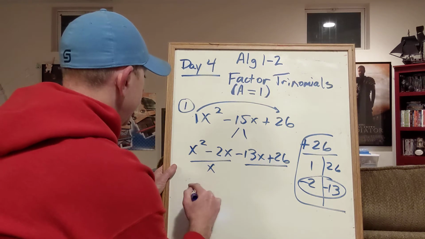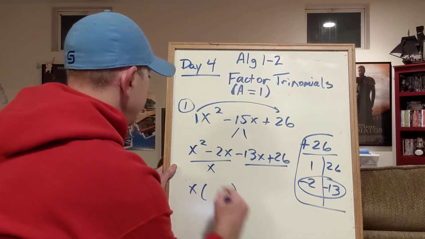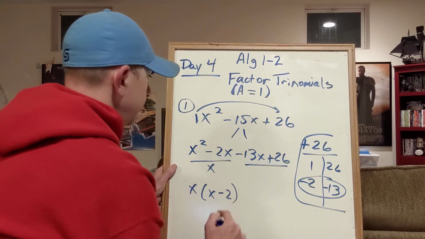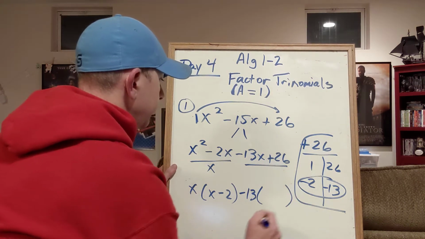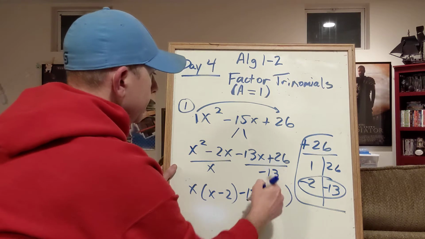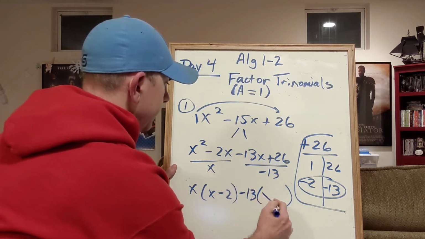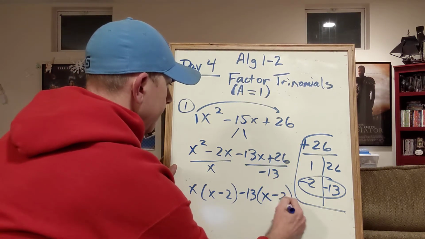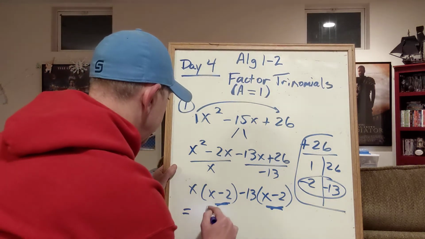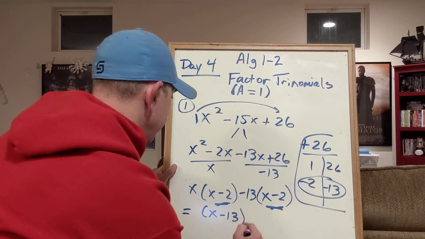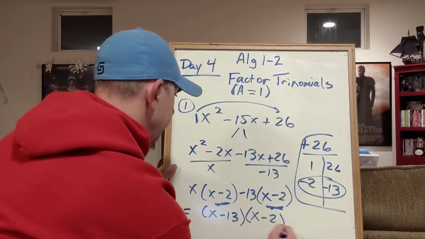Here we have an x in common, so we end up with x times x minus 2. Here, with the negative in the middle, we factor out a negative 13, just to review this process. So negative 13 times a positive 1x, and we get minus 2 there. We've got like terms, so we end up with our final answer being x minus 13 and x minus 2.